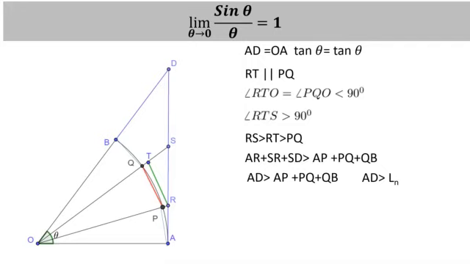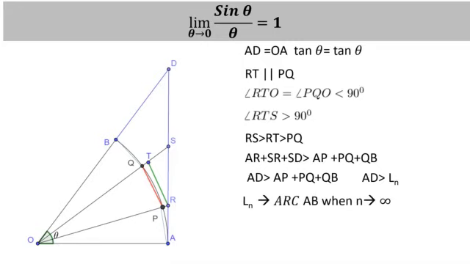So in this case, we have divided the section of the unit circle into three parts. Imagine we have divided the same section into many small parts, and let us denote by ln the sum of the lengths of all the small segments joining two points of the section, like AP and PQ. So we can say that AD is greater than ln.